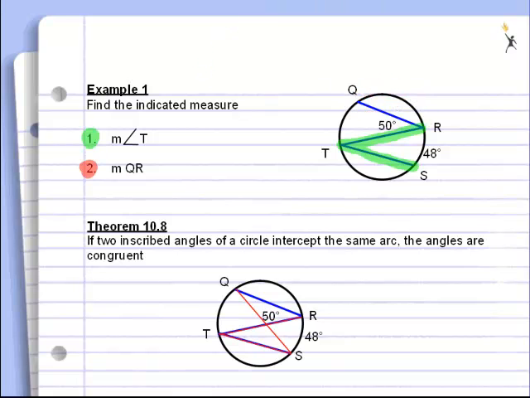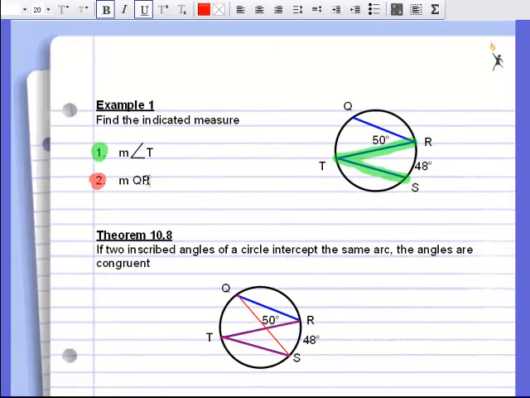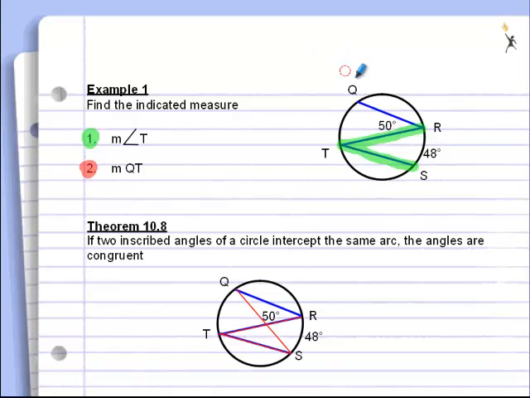We're going to back that up and we're going to make a little editing change. You can do this too. We're going to make that QT, not QR. And QT is right there. So, what we are going to do is we know the angle equals half the arc.